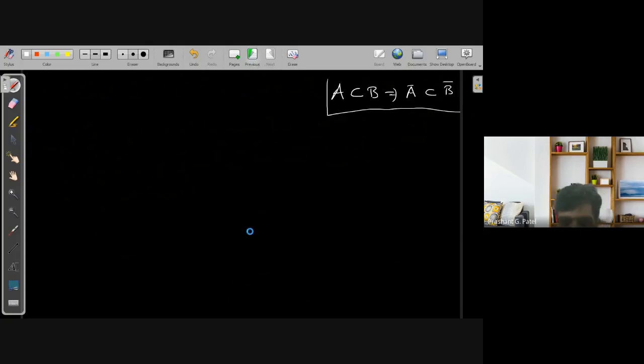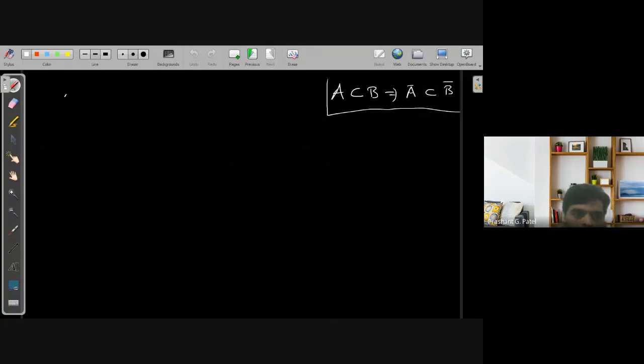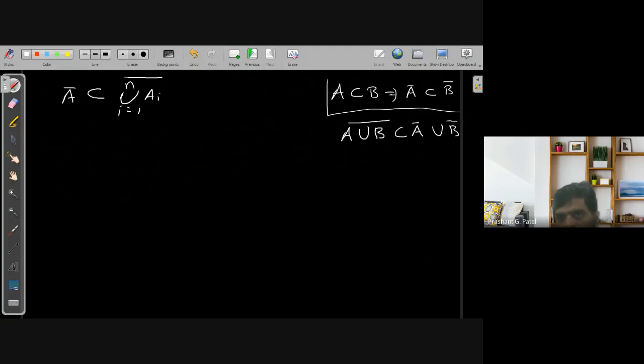According to that, A closure is a subset of the closure of the union of the A_i's. We also proved that the closure of A union B is a subset of A closure union B closure. Since this is a finite union, we can write this.